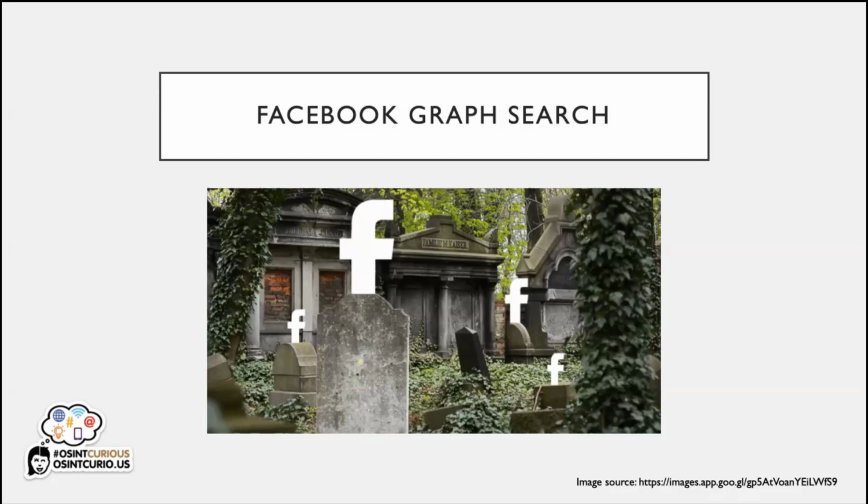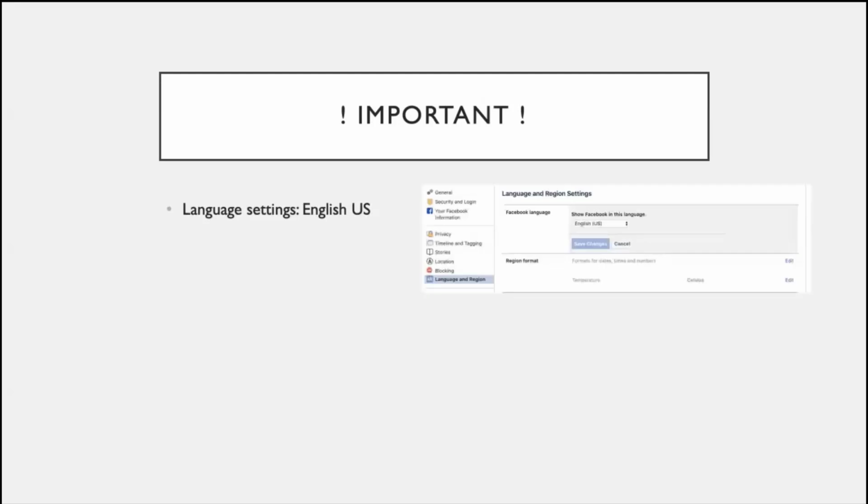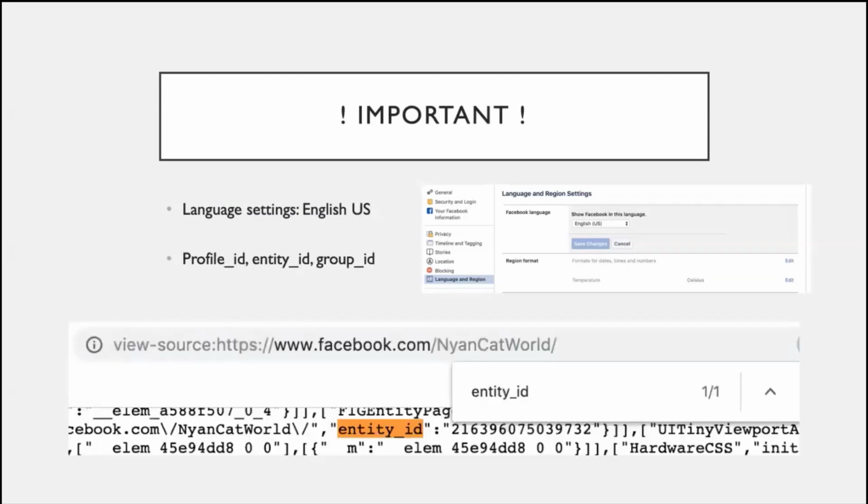But what we want to do now is show you how to do some of that graph search. Really important when you're looking at the graph search, you need to get your language settings to English, US English, right? And then the next thing you need to do is get that ID number. So that's either for the group, the page, the location, and the person. You always find that ID.